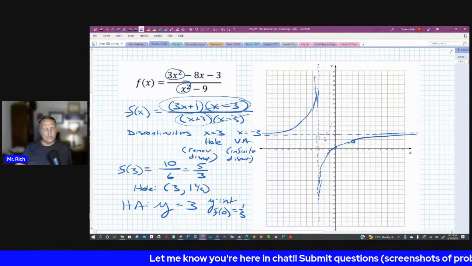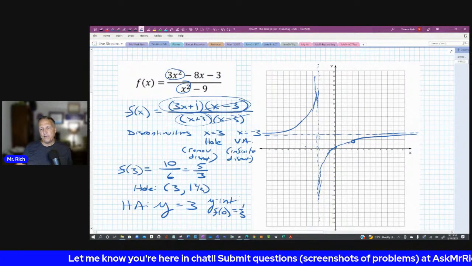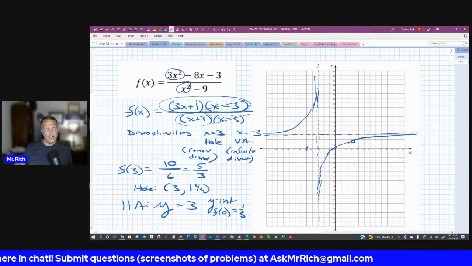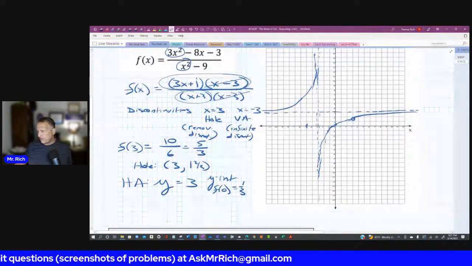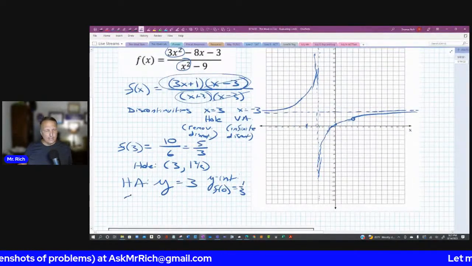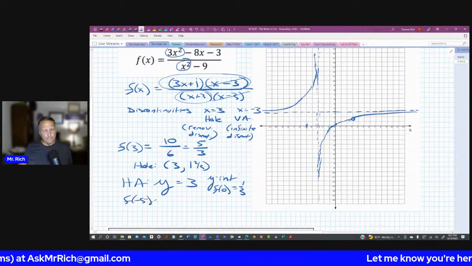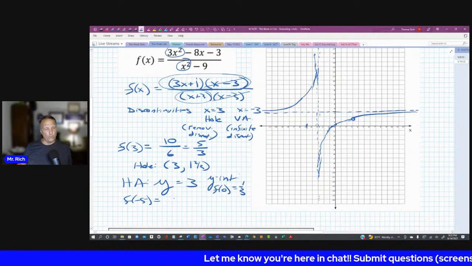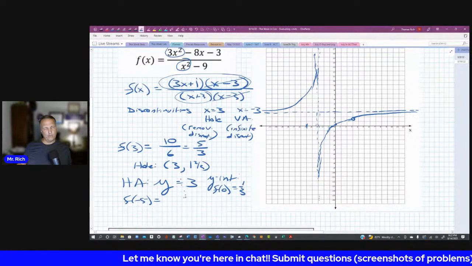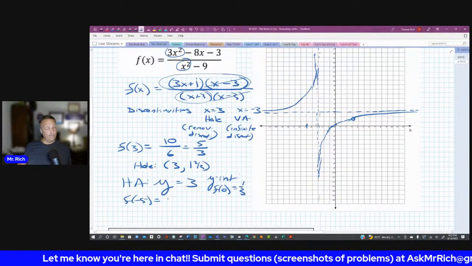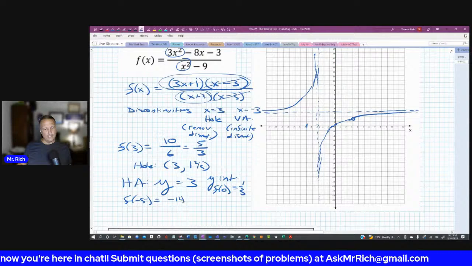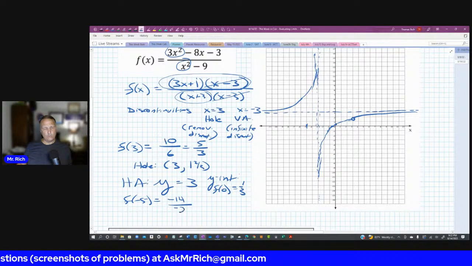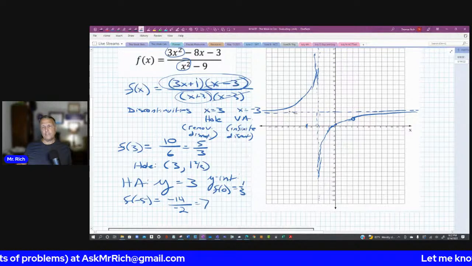Now, let's just try this. Let's pick an x value of -5 and evaluate this function at x equals -5. I'm going to use the factored form. My numerator would be -14 on the top and a -2 on the bottom, which would be a +7.